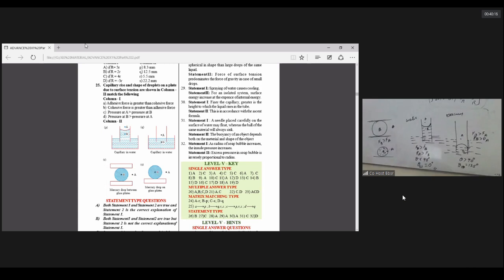Then where is that? R. C goes to what? P, R, S, A. Here also B is there, mercury. Pressure at A is greater than the pressure at B.